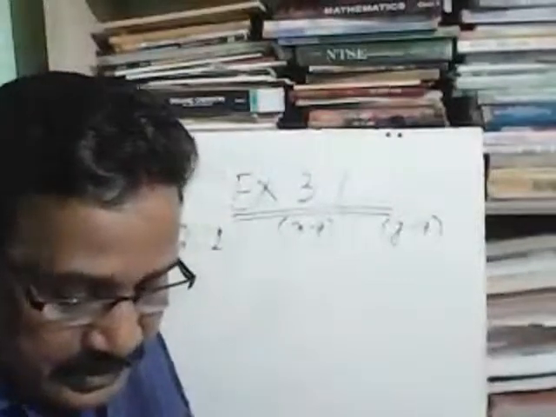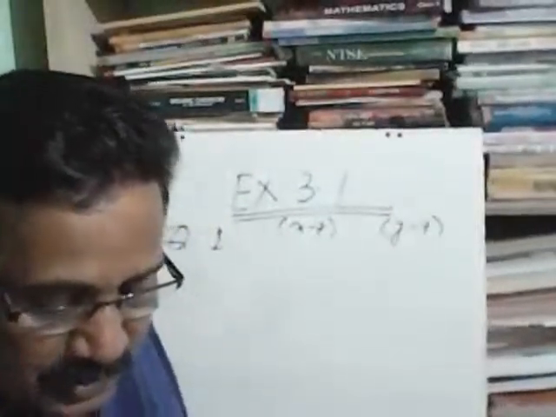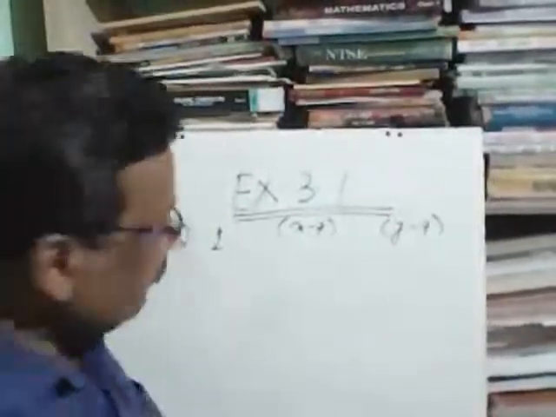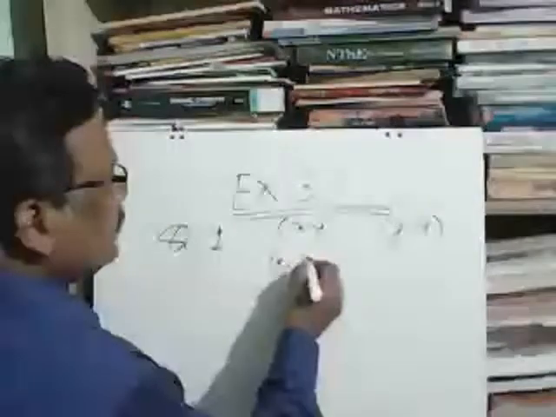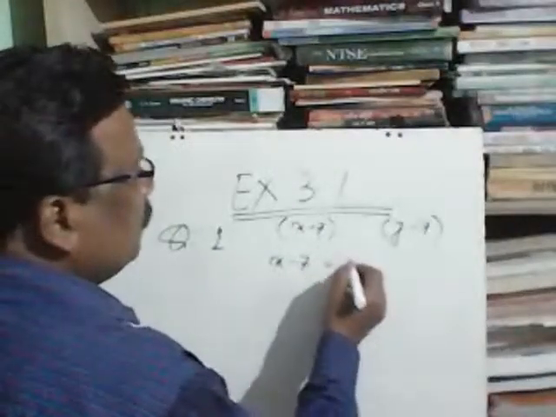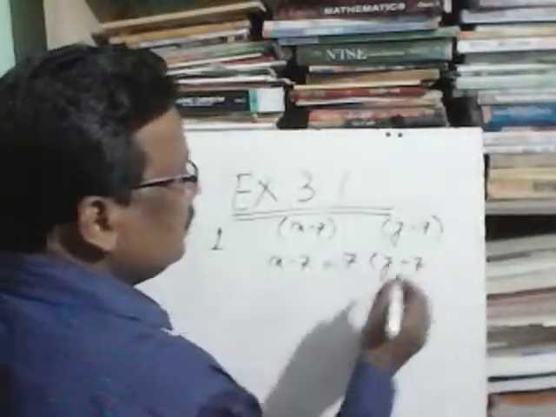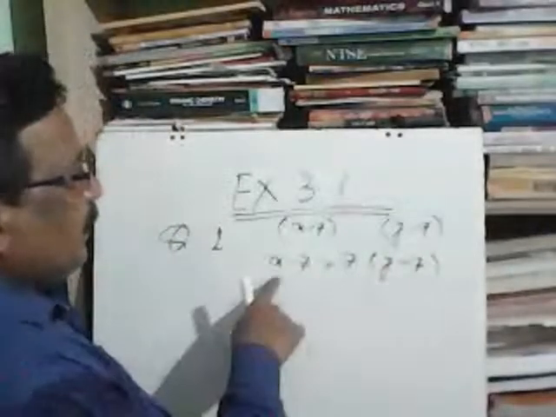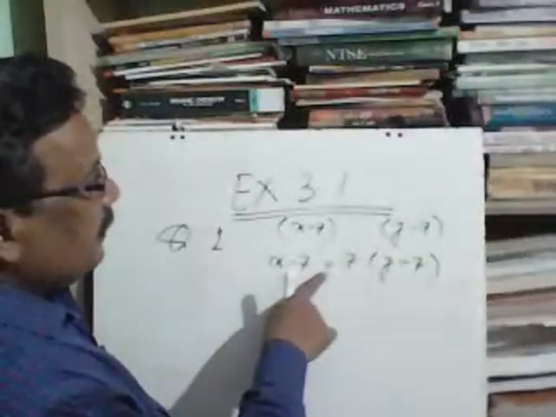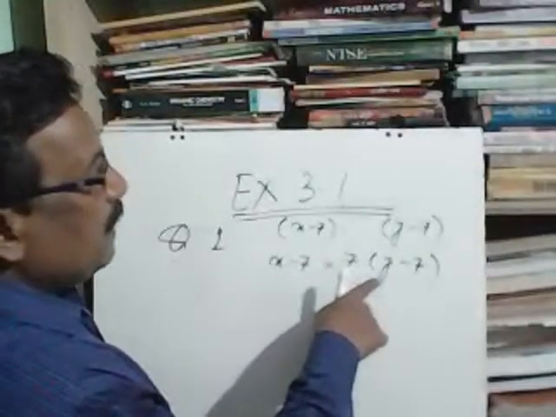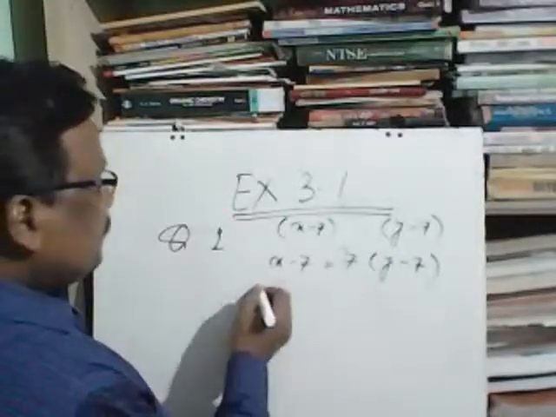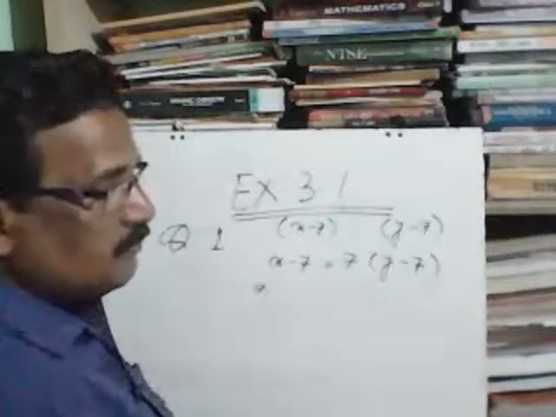I was 7 times as old as you means x minus 7 equals 7 times (y minus 7). This is your equation: x minus 7 equals 7 into (y minus 7). Simplify this one, and you will get one equation from the first situation.